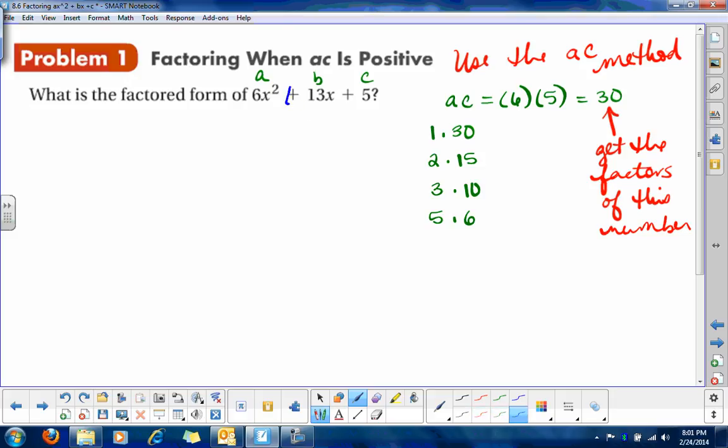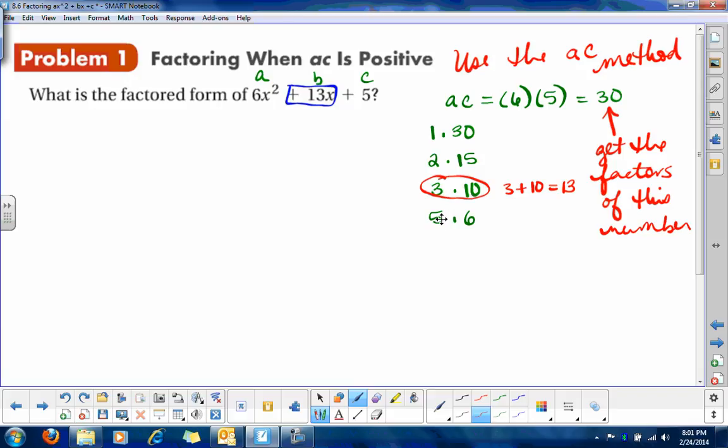So we want which one of those factors that when I add them, I'm going to get a positive 13. Well, there it is right there. 3 plus 10 is equal to 13. So this is the one that we're going to use.